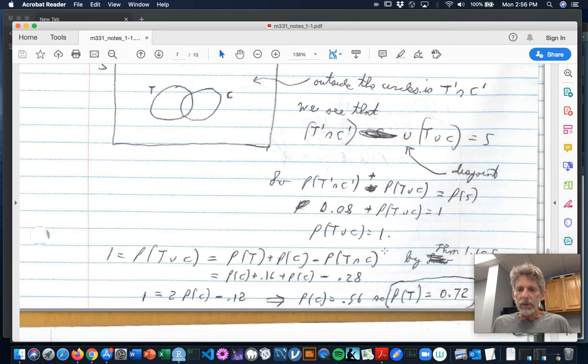Now, we need the probability of T, remember. We need the probability the randomly selected person visits a physical therapist. We've only got T union C so far.